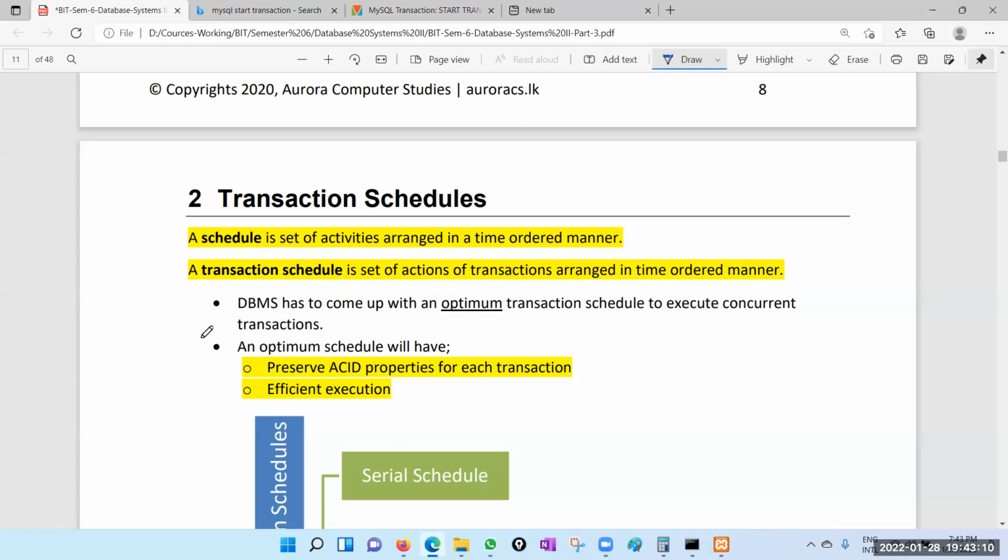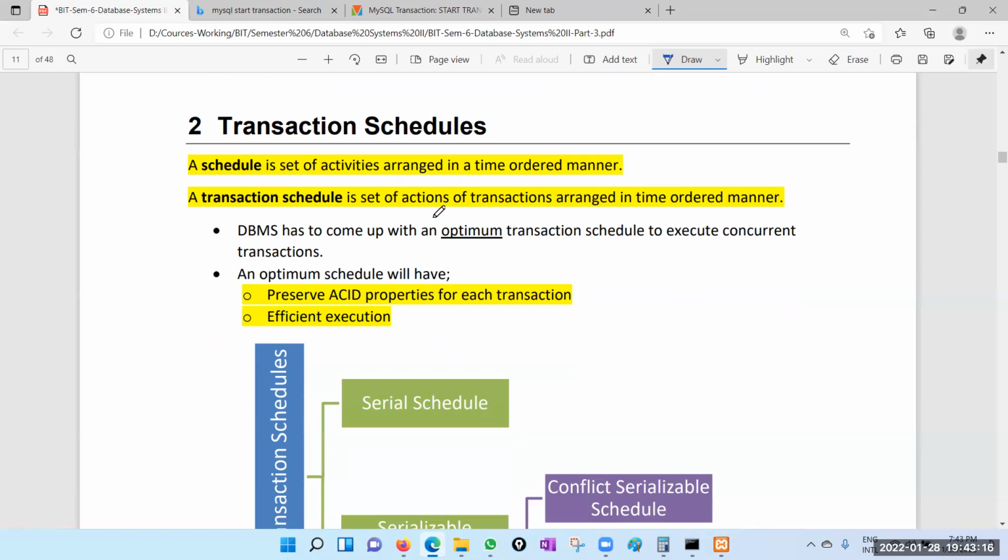Right. So now we are going to discuss transaction schedules. Transaction schedules means your DBMS will, now remember, it's not one transaction. There are multiple transactions happening: transaction 2, transaction 3, transaction 4. Think about something like a global bank.